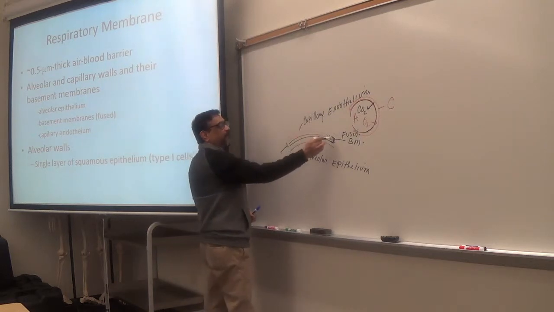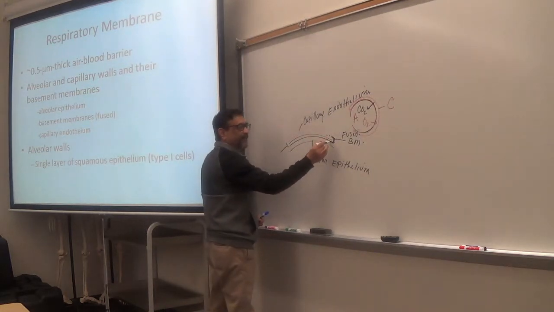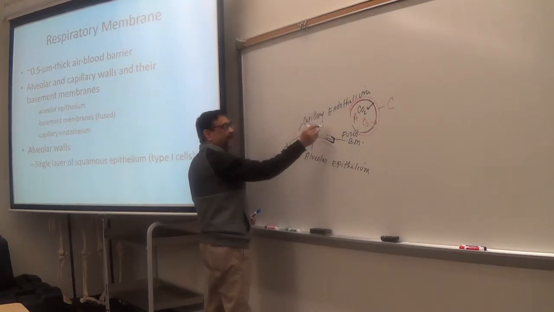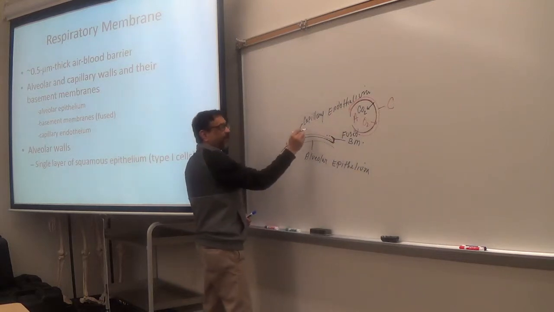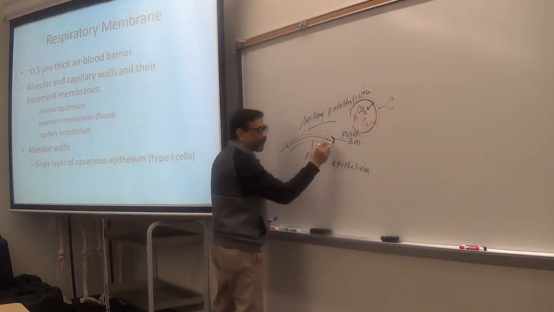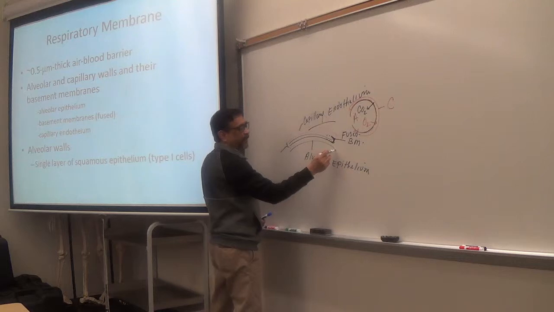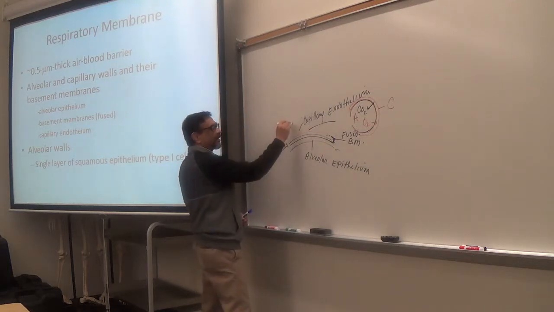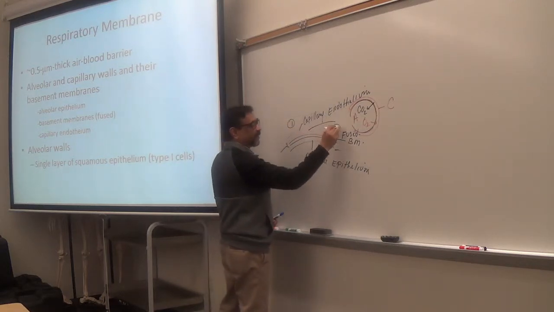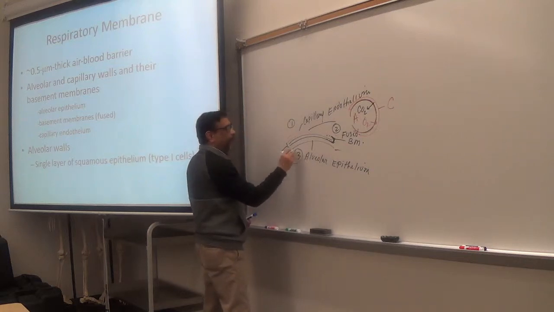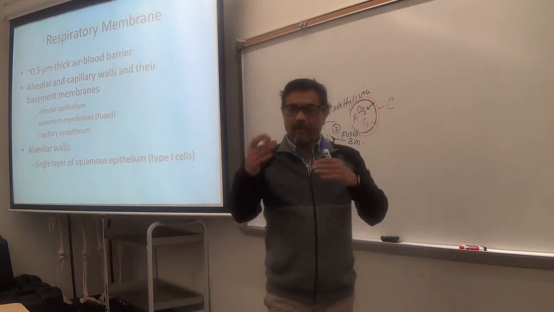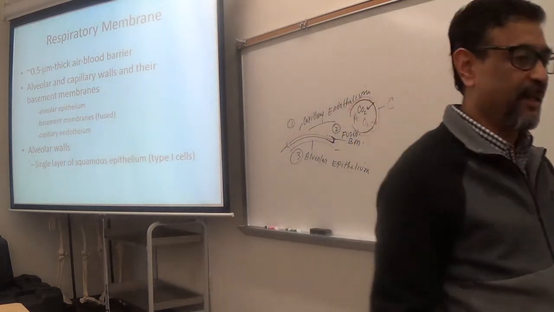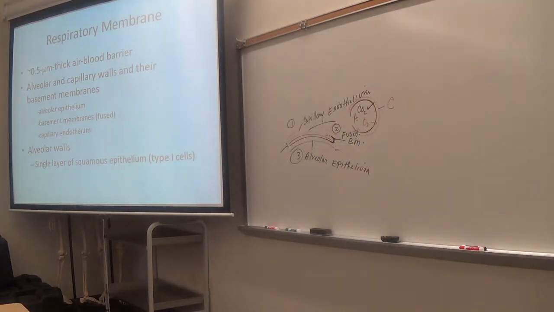If we think of these two as a single layer, fused basement membrane, we have three layers here. From the capillary side, capillary endothelium, fused basement membrane, and alveolar epithelium. Those are the three layers. That is called the respiratory membrane. Alveolar wall and capillary wall together form the respiratory membrane.